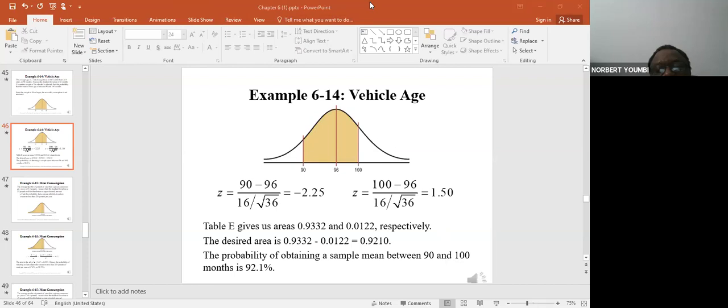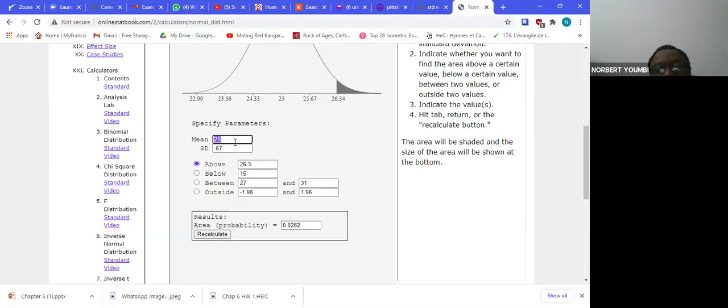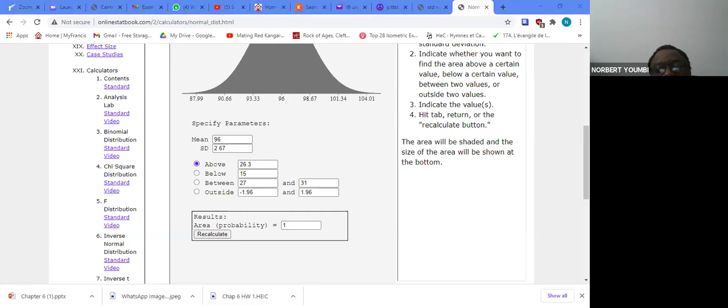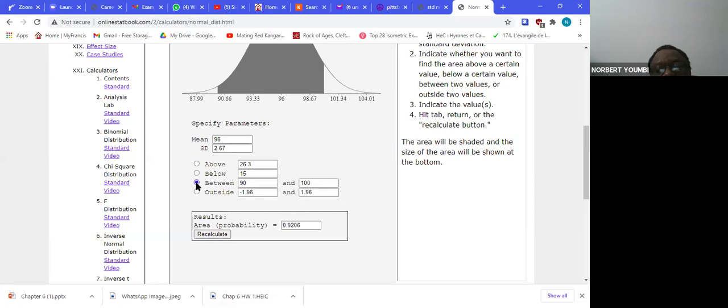So we have here that the mean is 96, the standard deviation is 2.67, and we want the probability that the sample mean is between 90 and 100. We have 0.9206.